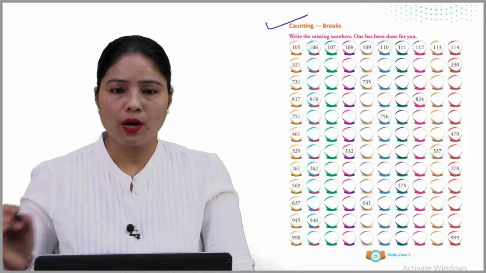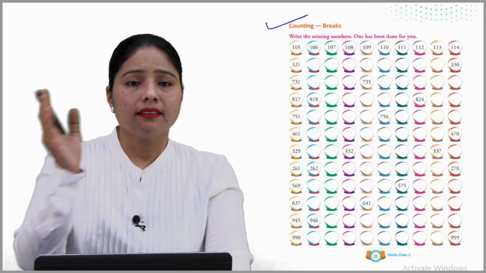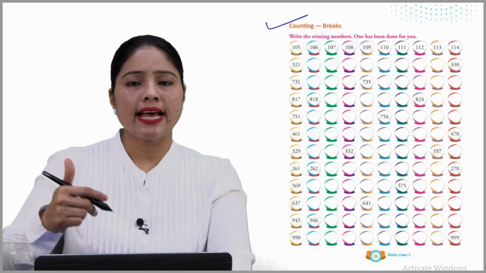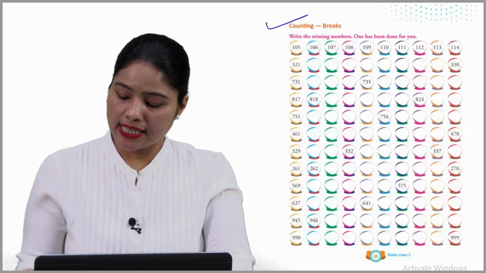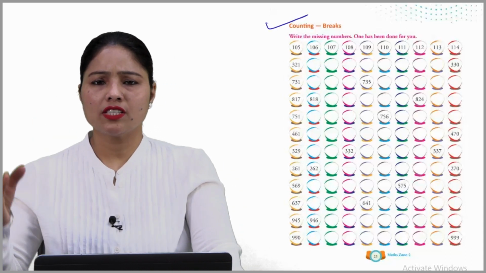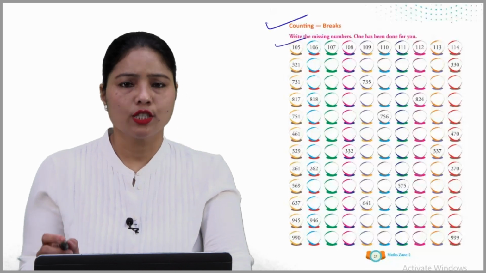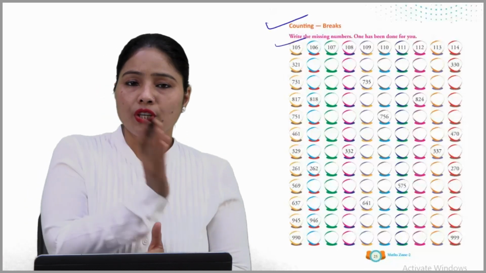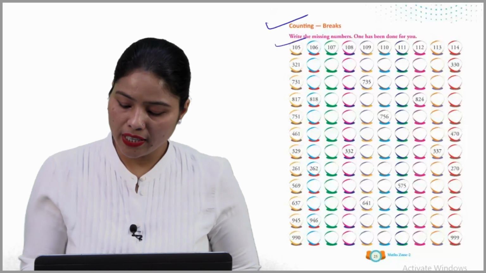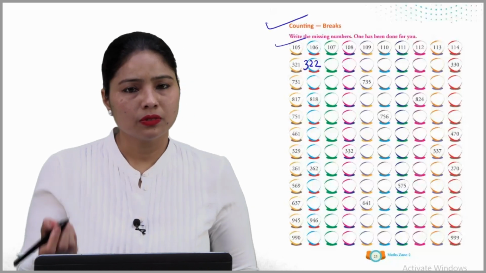Okay. So now counting breaks. So what is this? Write the missing numbers. One has been done for you. So these are the counting. 105, 106, 107, 108, 109, 110, 111, 112 and 113 and 114, like this. So on the second line 321, after 321, 322, okay.